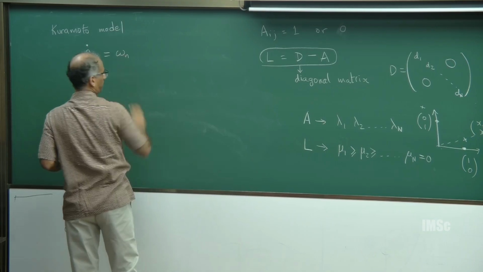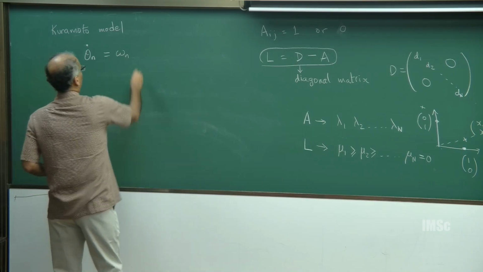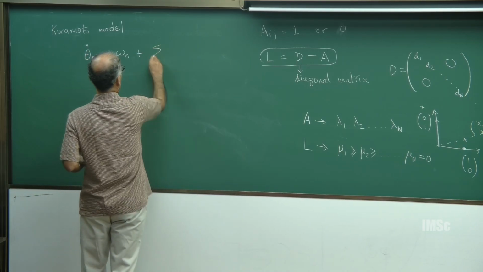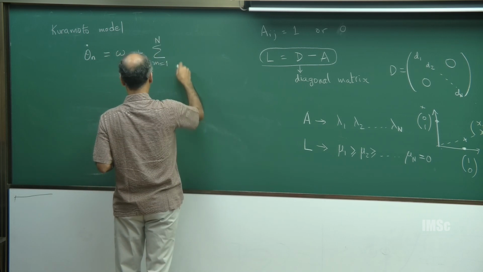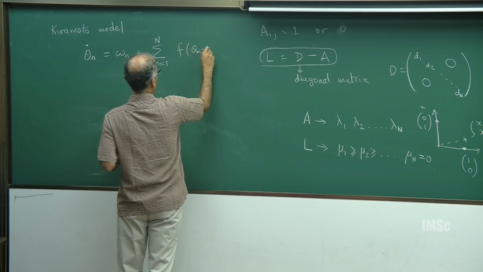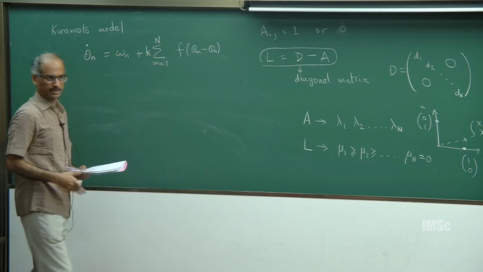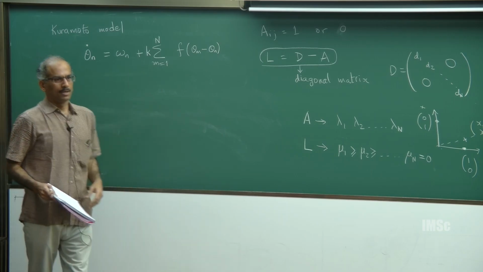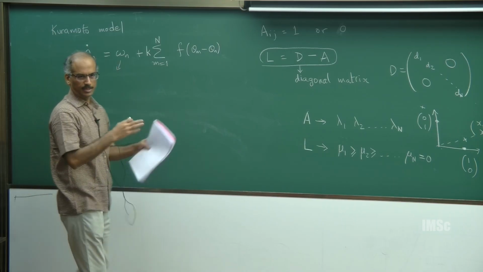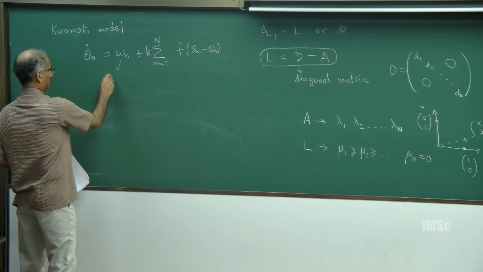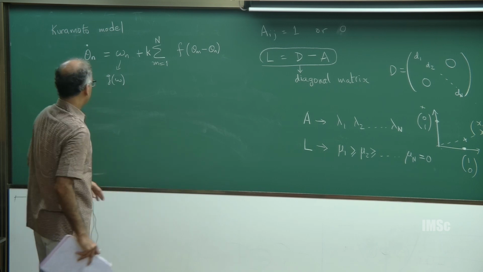Omega n is the frequency, which is taken from some distribution, plus you sum over this, and I have some function of theta m minus theta n, and typically there is a parameter k here. In the standard Kuramoto model, omega n is taken from a distribution, typically a symmetric distribution.